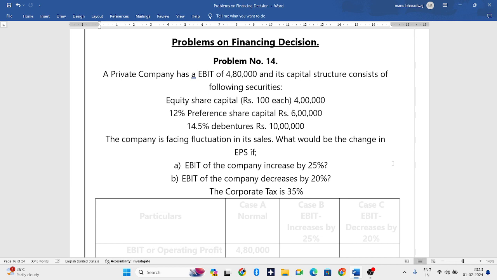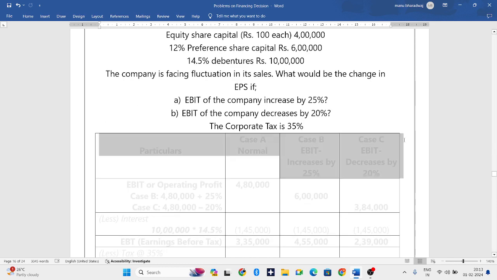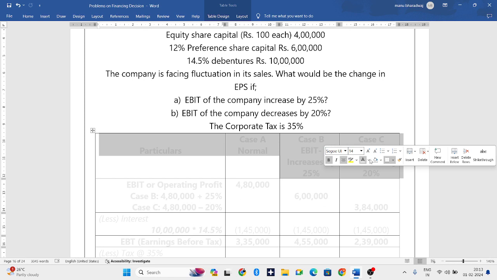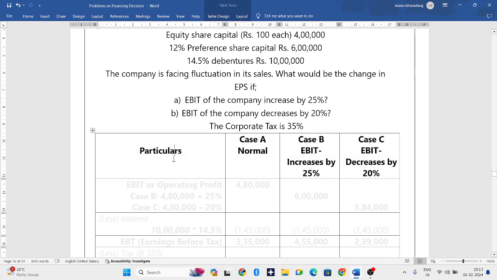First case will be the normal case, second case will be if it increases by 25%, and third case will be if it decreases by 20%. So again, you want four columns. First column will be particulars, second column normal case we will solve, third column if it increases by 25%, fourth column if it decreases by 20%.